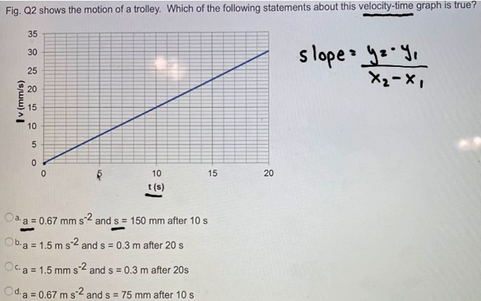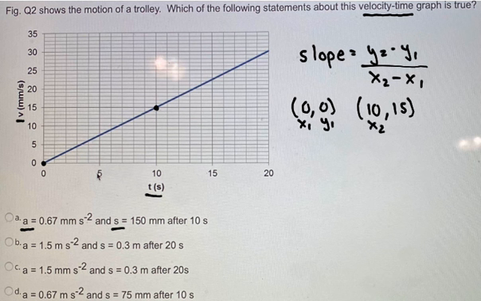So first of all, we have a point here at 0, 0, and another point that we can see easily is here at 10, 15. So that makes x1 is 0, y1 is 0, x2 is 10, and y2 is 15.